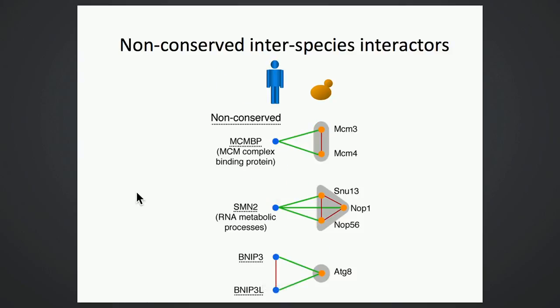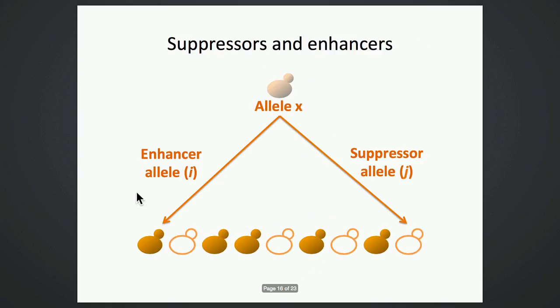Consistent with this hypothesis, we also find that human non-homologs appear to interact with highly conserved yeast machineries, indicating that this might be a way for complex organisms to gain new functions, by having new interactions evolve from a conserved binding interface.